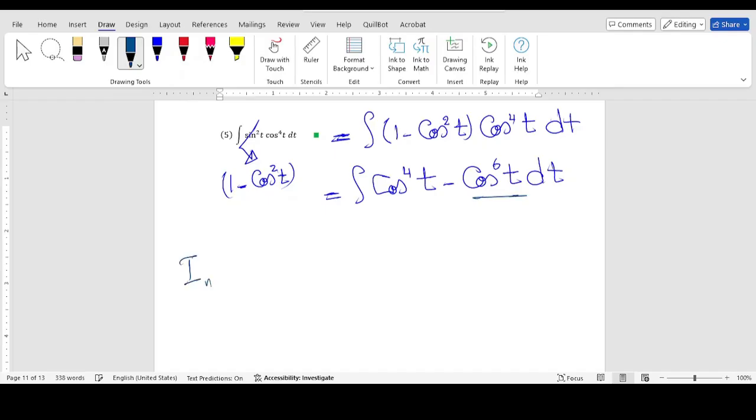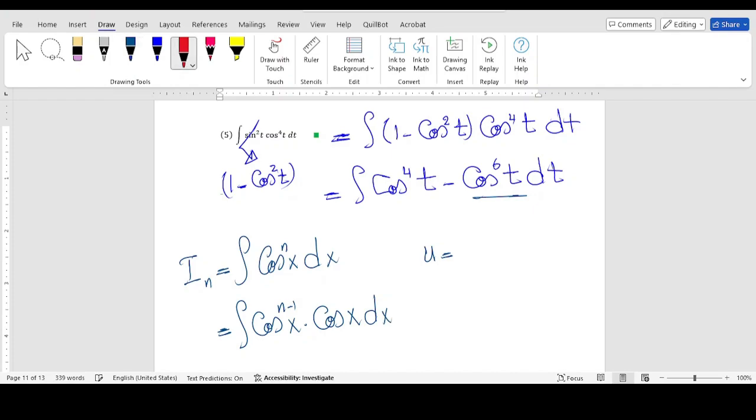We have here In equals the integration of cosine to the power nx dx. Using integration by parts, first we have to indicate that we will split this function into a product of two functions, cosine to the power n minus 1 x times cosine x dx. Then apply integration by parts.